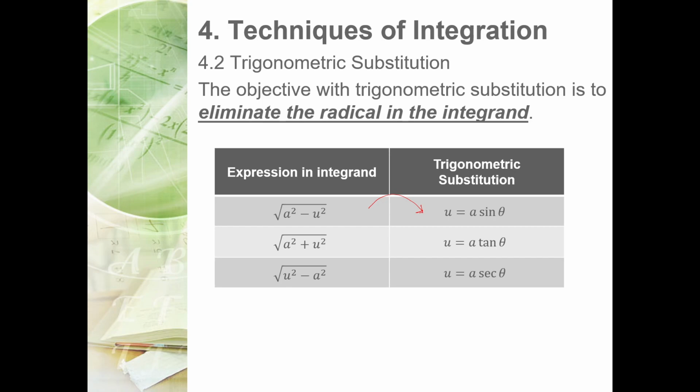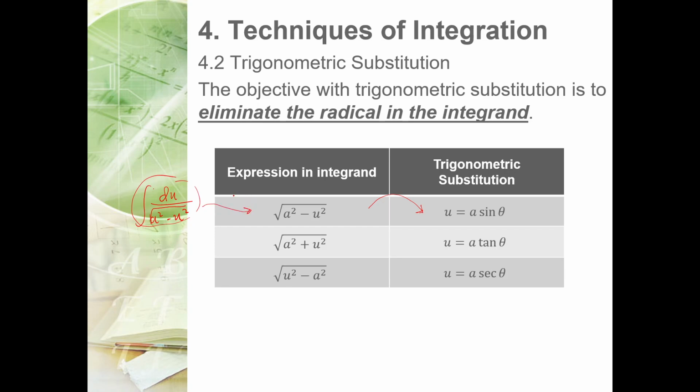As you can see in the first formula, that's the square root of a squared minus u squared. Going back to our inverse trigonometric functions, that's du all over the square root of a squared minus u squared. For example, you don't achieve this format, but you achieve the radical expression format.